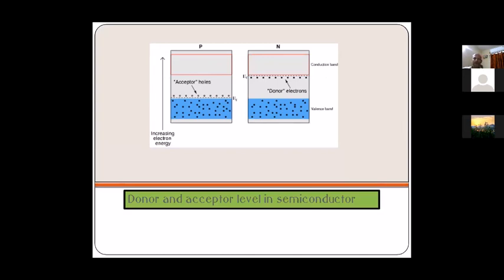The acceptor level increases the energy of the p-type. In the n-type semiconductor, the donor electrons are nearer to the conduction band, so its energy is lesser than the p-type semiconductor.